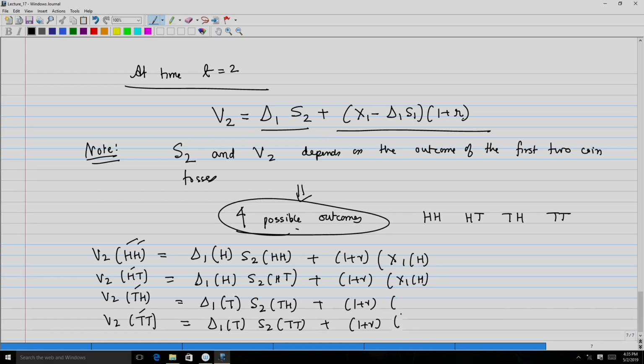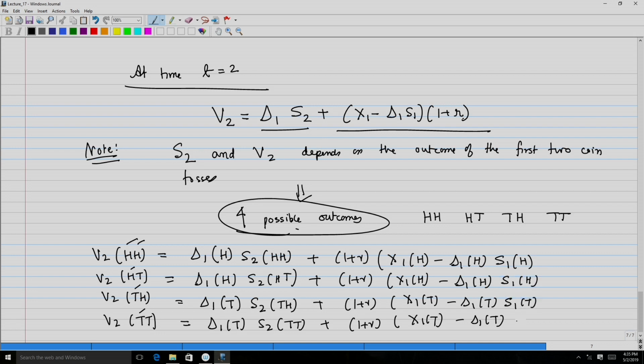And here for the third and the fourth case, x 1 will depend on t and t, minus of course delta 1 of h and delta 1 of h for the first two cases, and delta 1 of t for the third and the fourth cases, multiplied by S 1. Again S 1 is something that is dependent only on the first coin toss. So, it is going to be S 1 of h, S 1 of h, S 1 of t and S 1 of t.